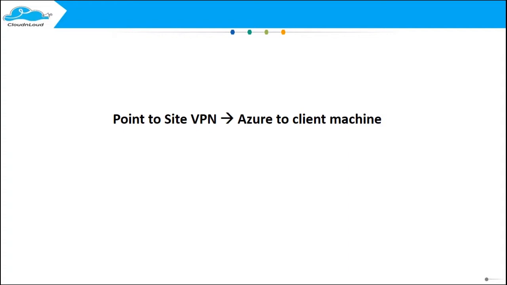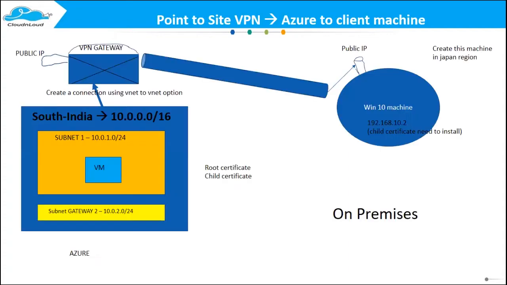So the same concept. Even a contractor who wants to work remotely but needs to enter our enterprise premises, this point-to-site VPN is a very easy way to get it established. So we are going to see a couple of things.